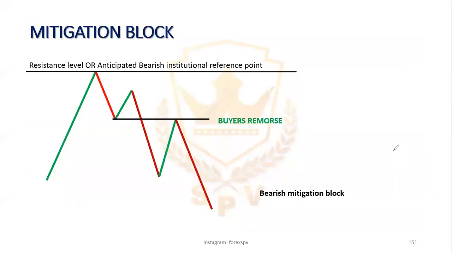So we also have what we call the mitigation blocks. And on the mitigation blocks here, we'll be looking at how price reverses on an anticipated resistance level. Price formed the first swing. We had this reversal, and then we had a retracement, which did not come back to this high that was formed, the initial high, and then we had this downtrend.